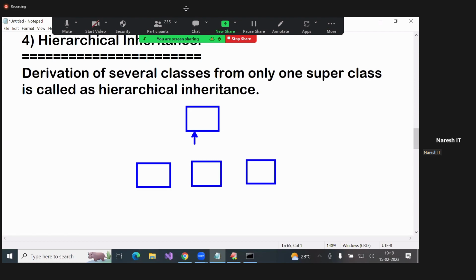See, many subclasses, one superclass. One superclass, many subclasses. If it is like this, it is hierarchical inheritance.